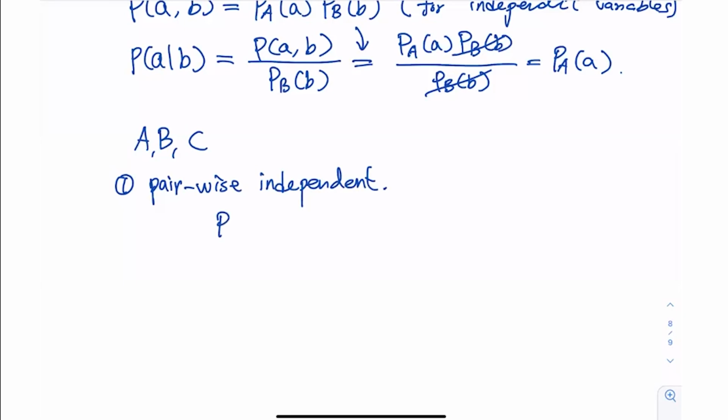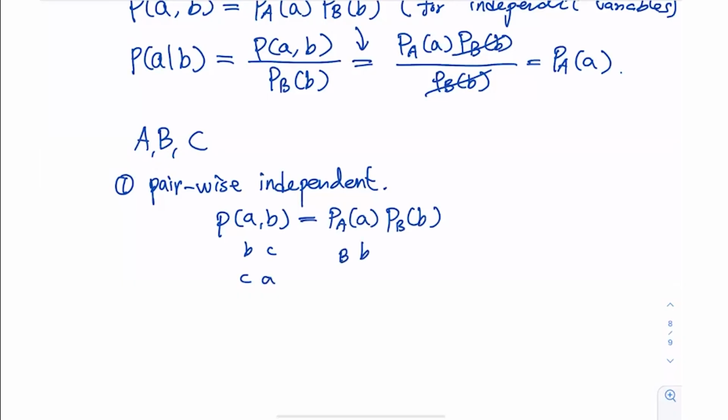It just means that the joint probability of AB can be simply written as the product, and then for BC and CA you basically have the same repeated structure. So that's for three random variables: you just pick two of them in a pairwise fashion, and if they are pairwise independent, then you get this relation.